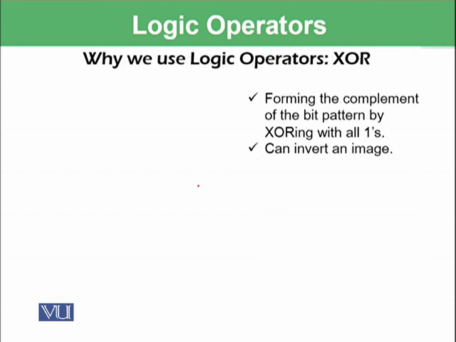There is a very interesting concept for XOR. XOR can complement a bit pattern straight away. For example, if you have a bit pattern 0 1 1 0 1 0 0 1 and you want to complement it, making zeros into 1 and ones into 0, you can simply XOR it with 1 1 1 1 1 1 1 1.